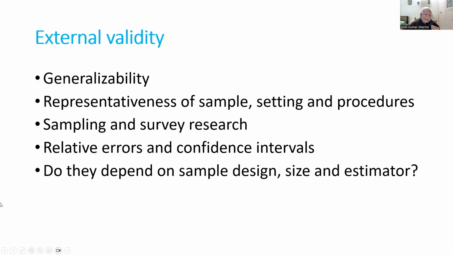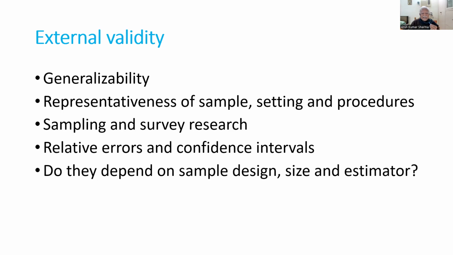The term external validity is used for generalizability, representativeness of sample, setting, procedure. If you have not done experimental research, but you are familiar with survey research, I can tell you that external validity is a kind of sampling error. Sampling in survey research includes sampling error.